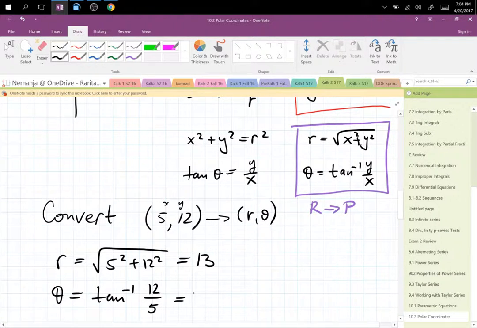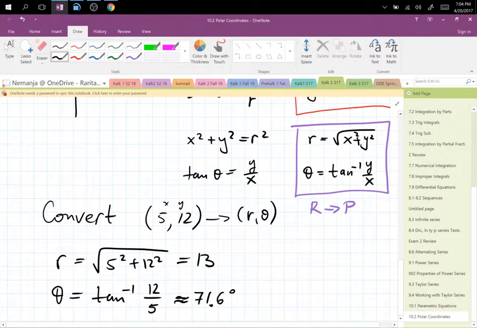So for graphing you need radians, and for calculations like this, and for your physics, you want degrees. Second, inverse tangent, 12 divided by 5, and it's about 71.6 degrees.